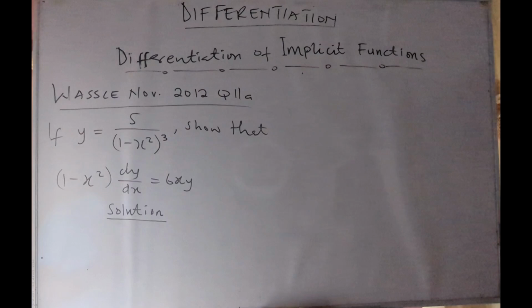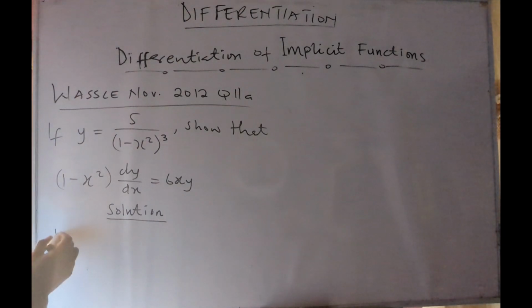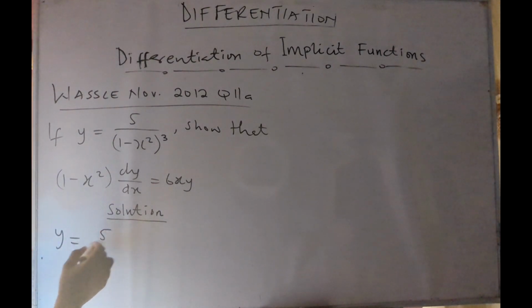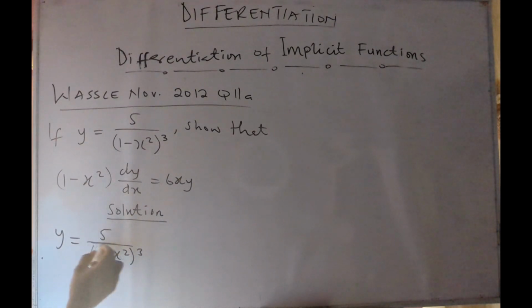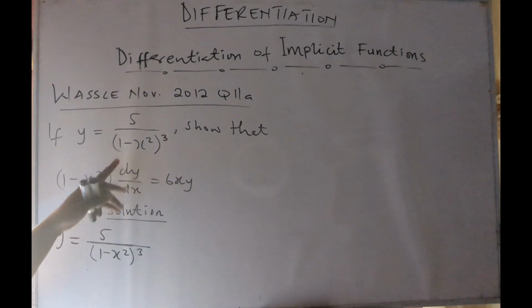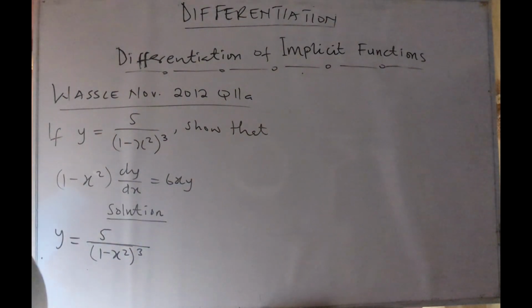Okay, so this is also on implicit, and then the question is y is equal to 5 over (1 minus x squared) all to the exponent of 3. And we have to show that (1 minus x squared) dy on dx is equal to 6yx.